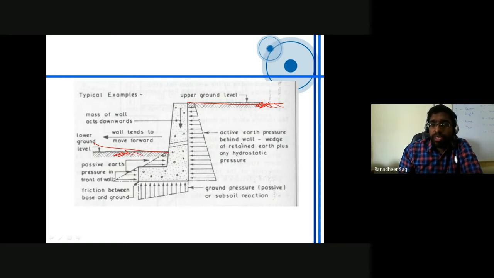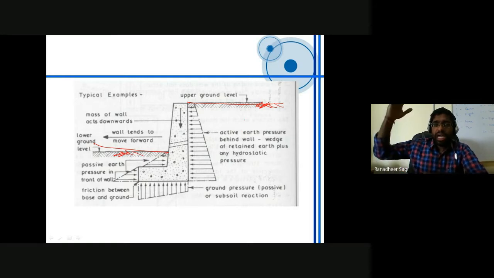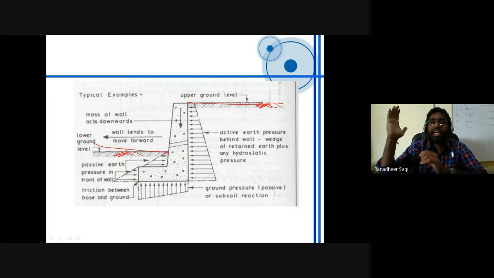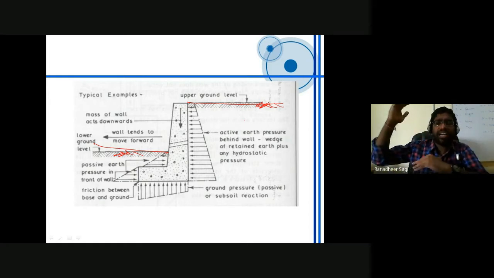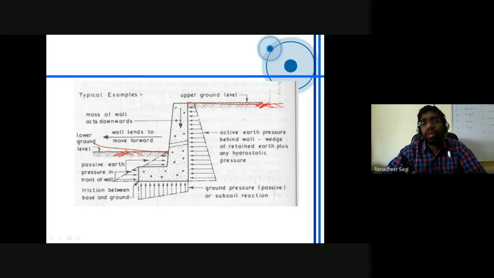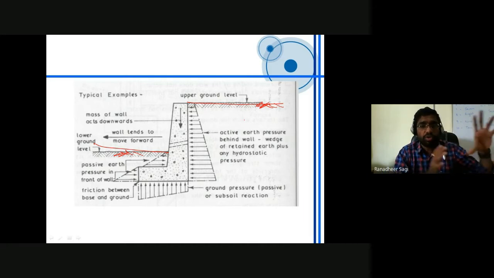So what is going to happen is the soil on the higher elevated side would exert relatively more force on that retaining wall, because of which the retaining wall tries to move away from that higher elevated ground. If the retaining wall is moving away from the higher elevated ground, then it is moving towards the lower elevated ground.